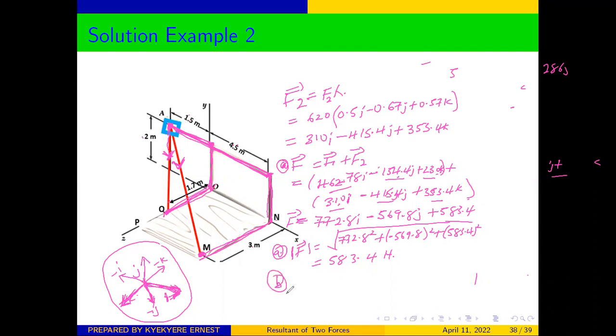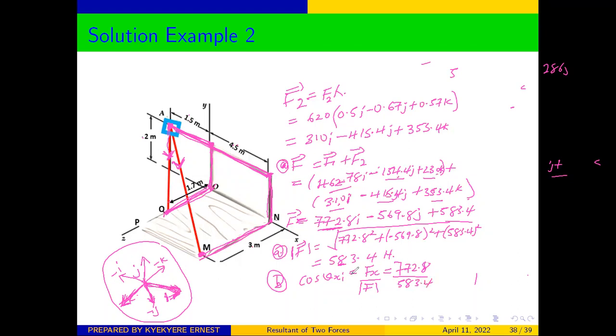The first question was to find the magnitude of our resultant force, and the second one is to find our angles. So we said that cos theta x is equal to the force in the x-axis over the magnitude of the force, which is F here. That gives us 772.8 over 583.4.